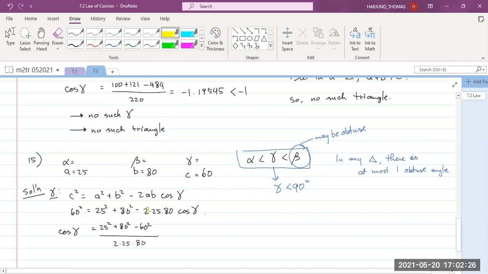Welcome to Thomas class, where you need to think harder. This guy goes here. This guy goes here. And this part on this side goes here.